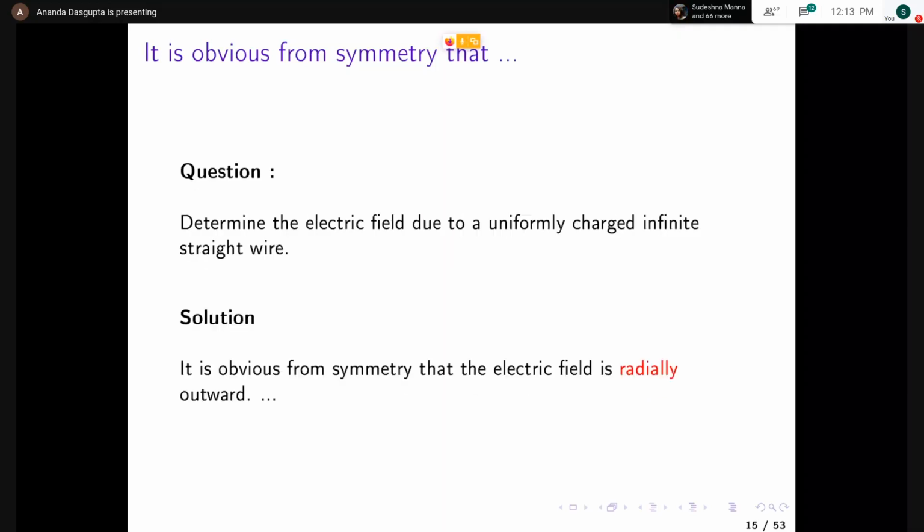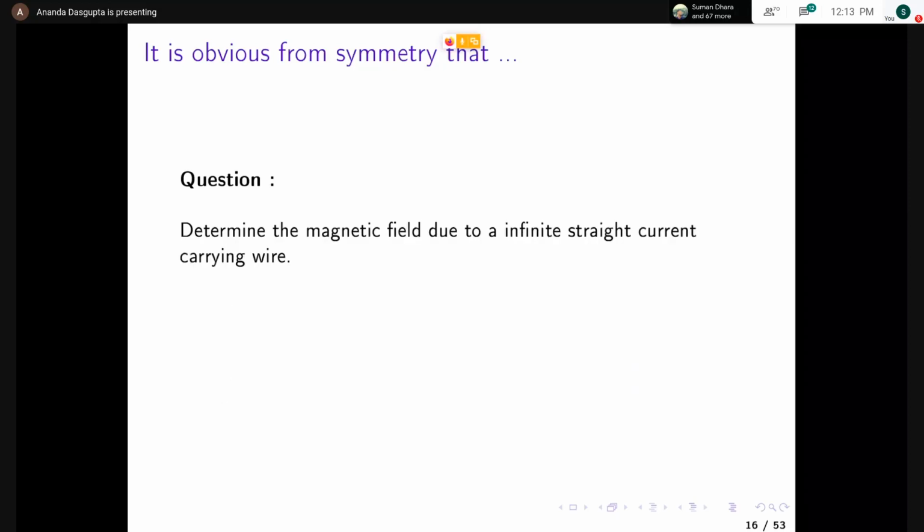So let me just point out that these two systems, an infinite straight wire carrying charge, and an infinite straight current carrying wire, have the same symmetries.